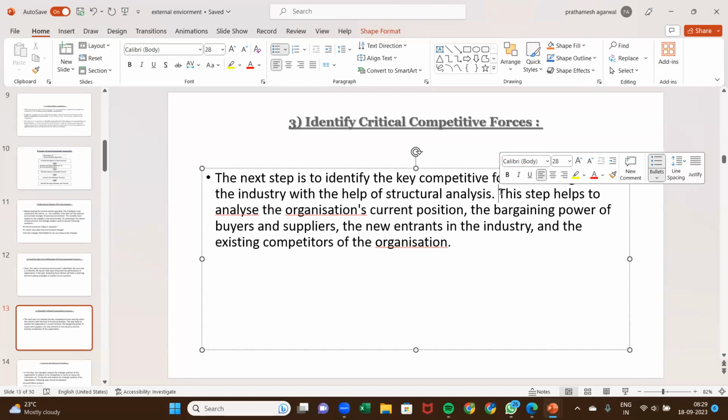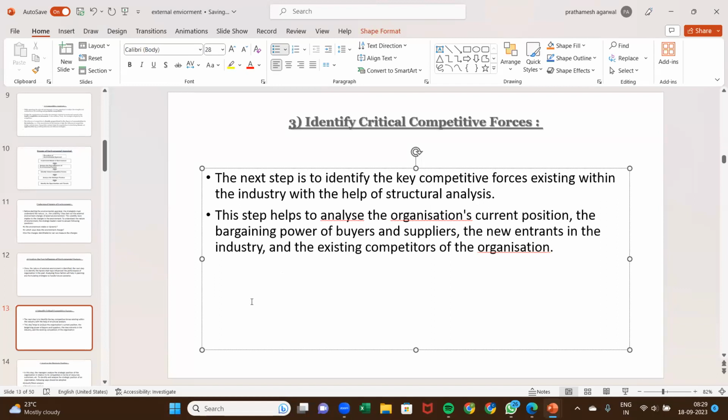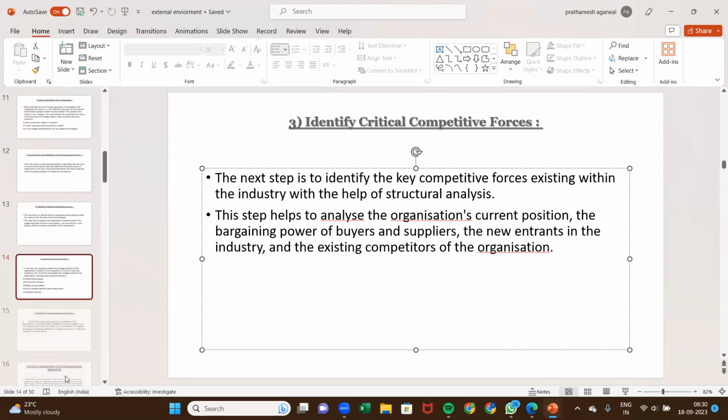Now, this step helps to analyze the organization's current position. Means this step will tell you where your organization is standing at the moment, the bargaining power of the buyers and the suppliers, the new entrants, the newcomers in the industry, and the existing competitors of the organization.